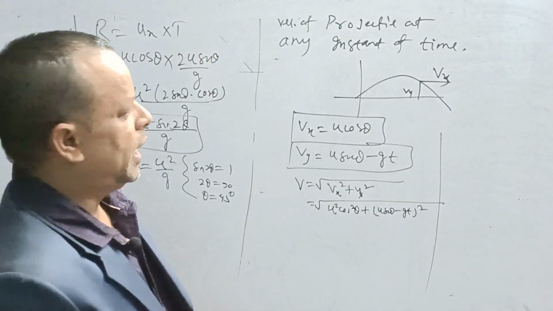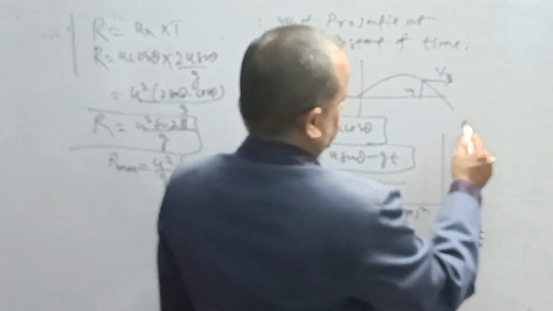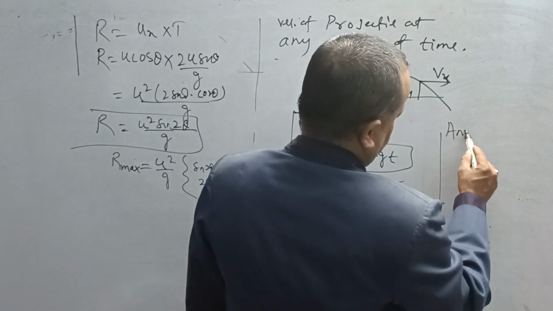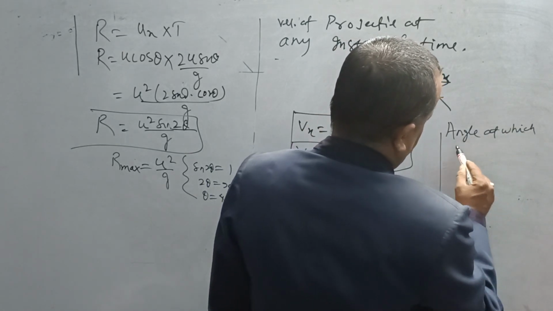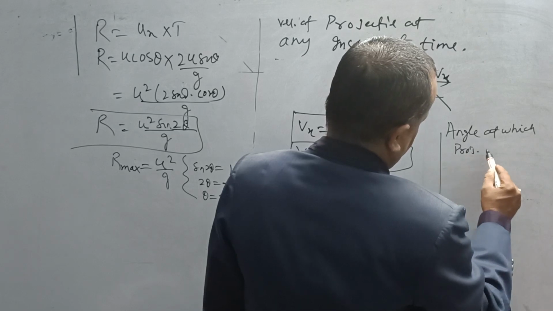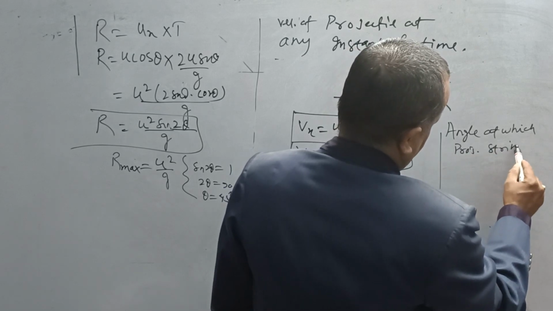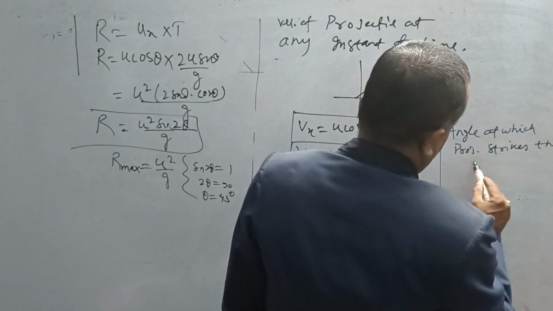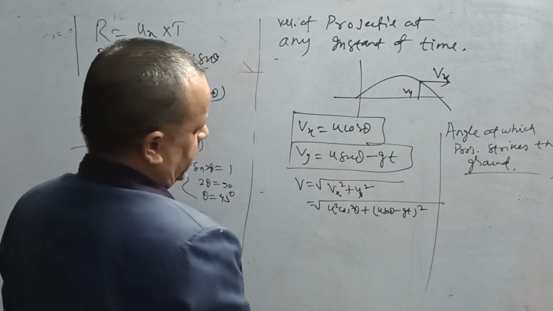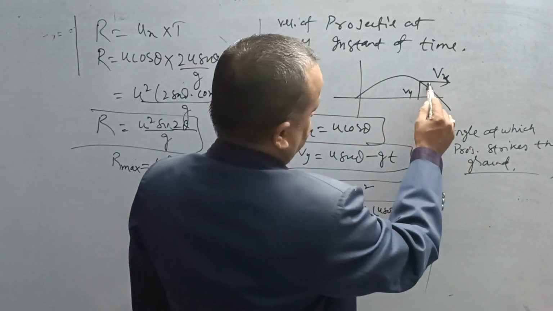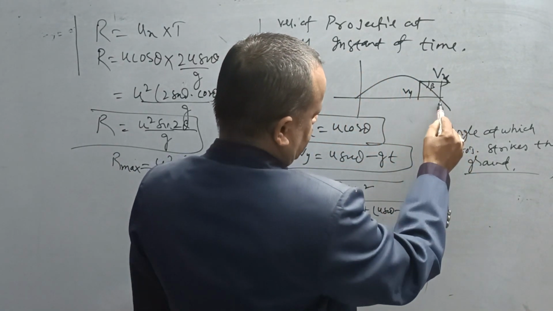Then we will go for the angle at which the projectile strikes the ground. See what we have in the case of the projectile striking the ground. Let us suppose this is beta, the angle at which it strikes the ground.